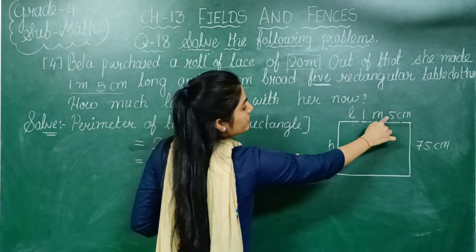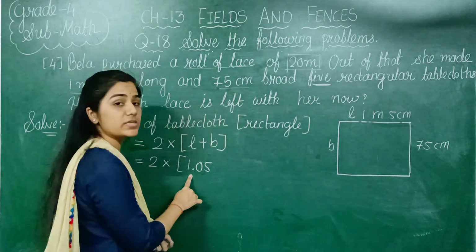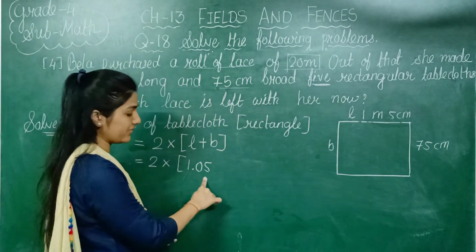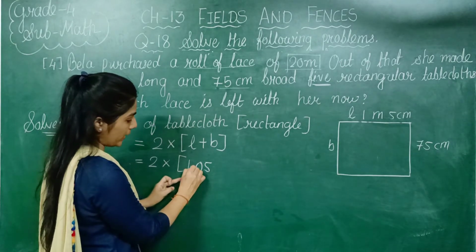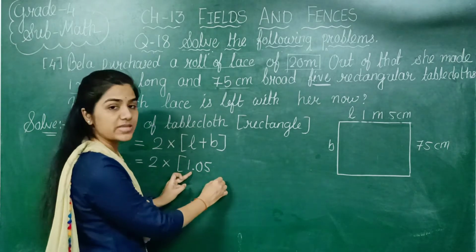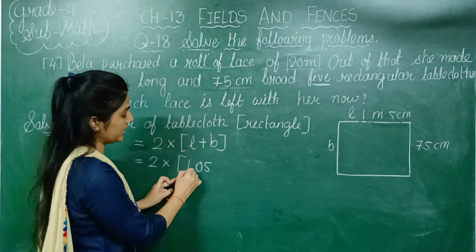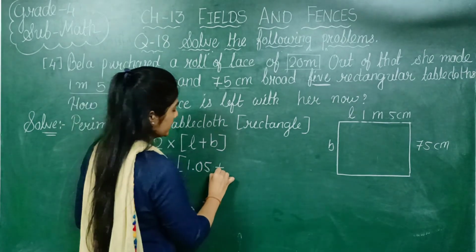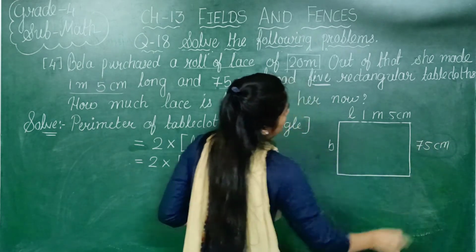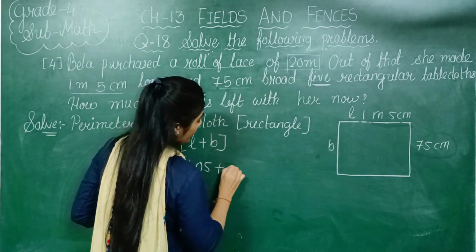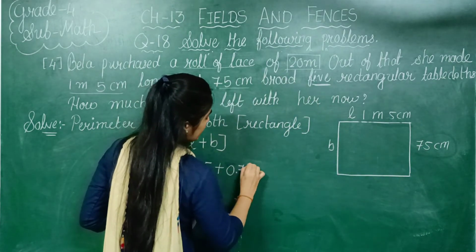After the point, the digits indicate the centimeter and before the point the digits indicate the meter. Plus breadth. Breadth we have 75 centimeter, so 0.75.